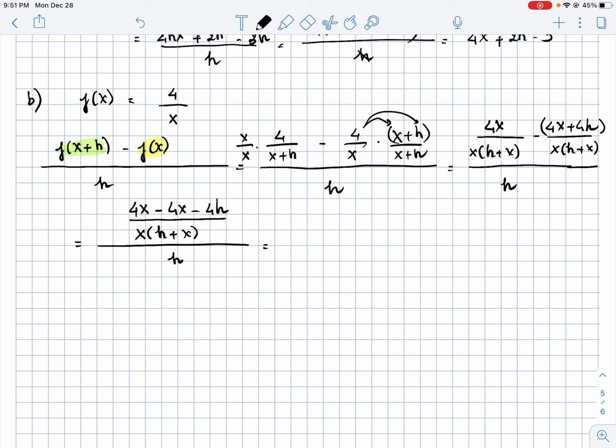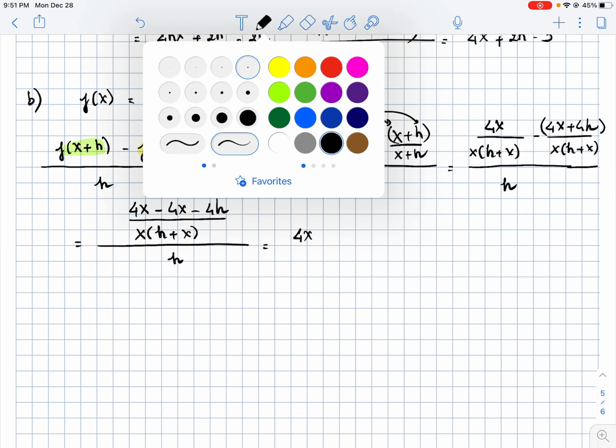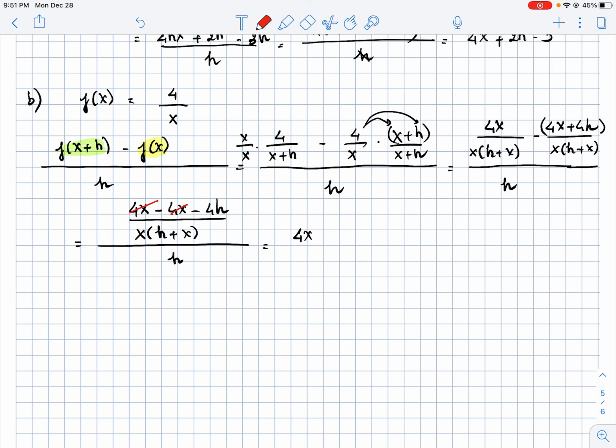Now we do the reciprocal. Before we do the reciprocal, you notice that you can cancel this and that, right? So we will be left with the negative 4h on the top, over x times h plus x, over h.